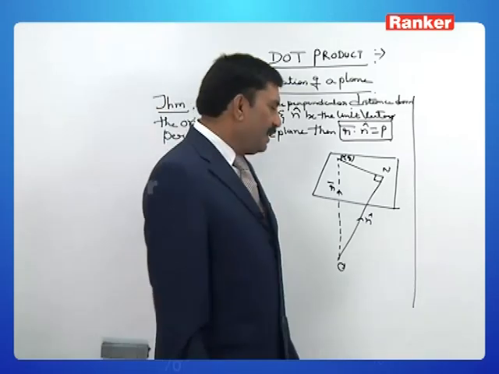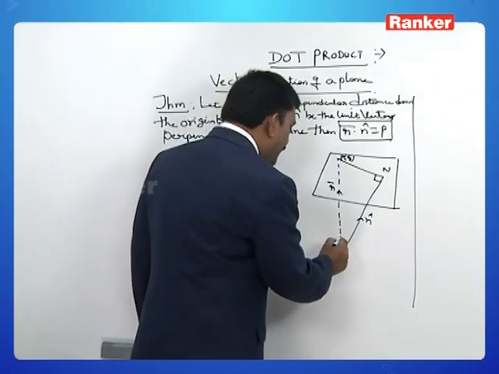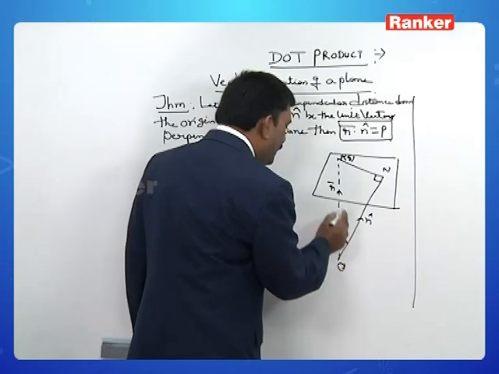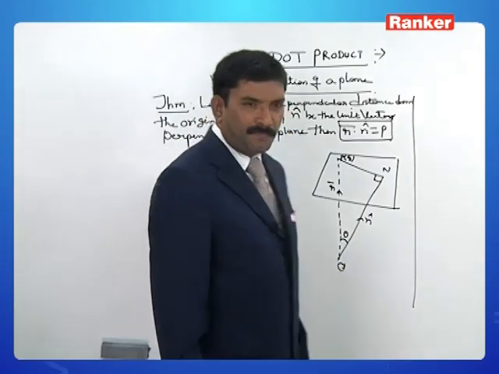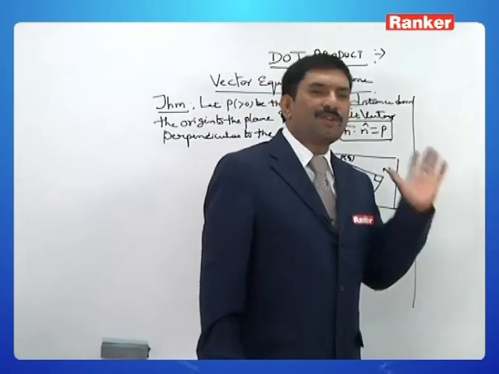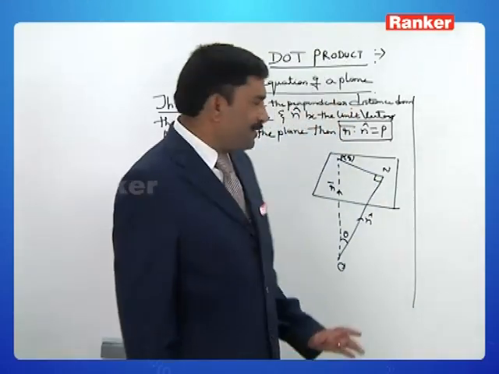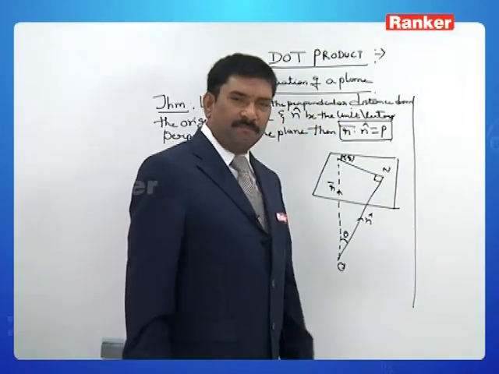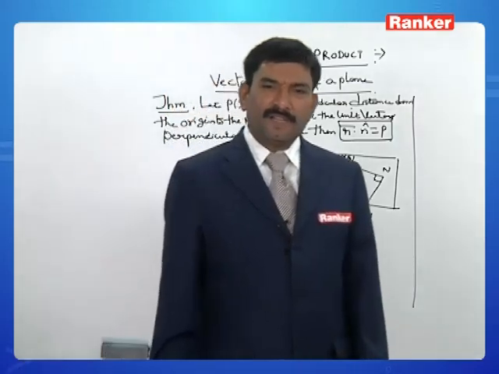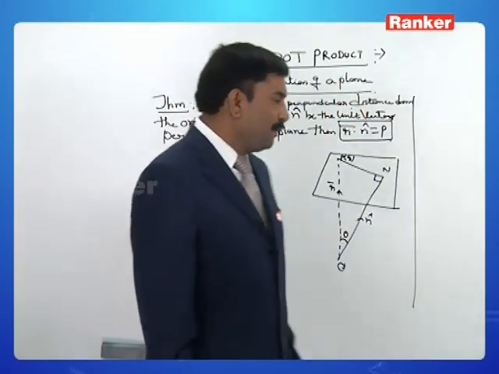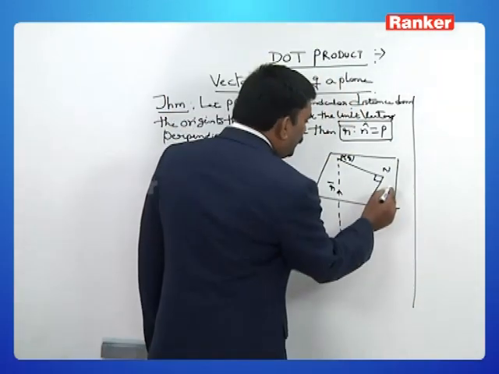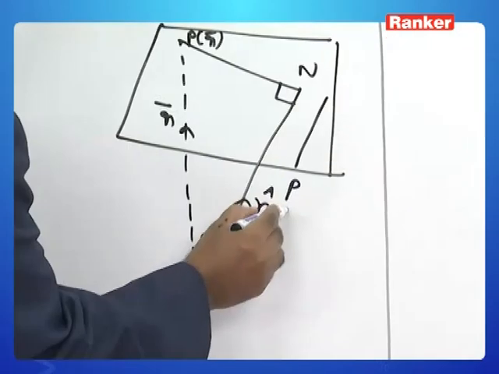So let this be theta. Construct the triangle OPN, where the length of this is P.